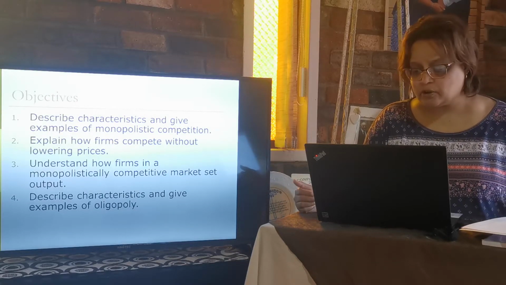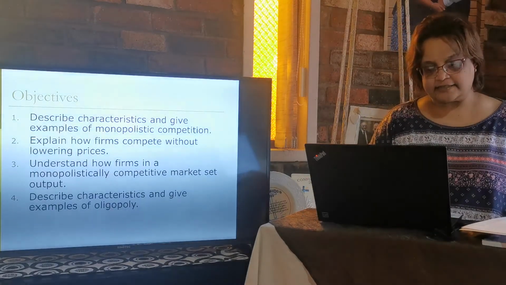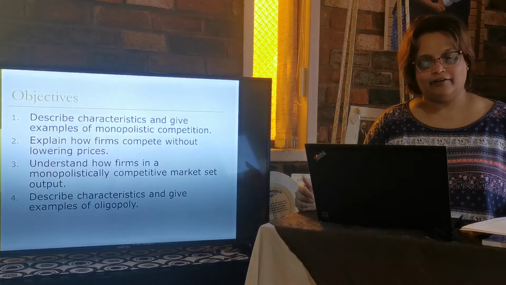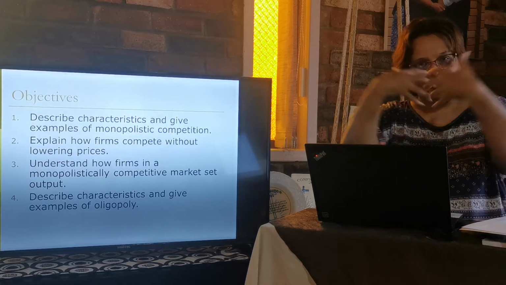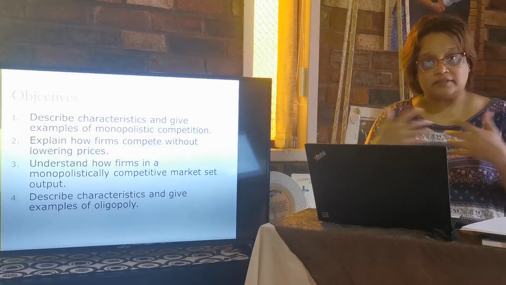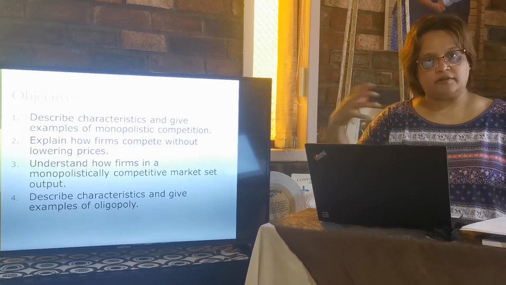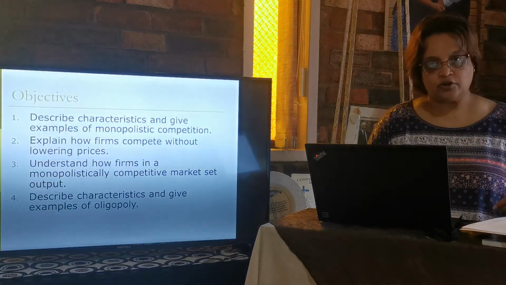Understand how firms in a monopolistically competitive market set output, and describe the characteristics and give examples of an oligopoly. Oligopoly, the word sounds already very chaotic. It's a lot of sellers, a lot of buyers, but many products also. Not just a homogeneous product, but many products of different nature. But let's get to that section.